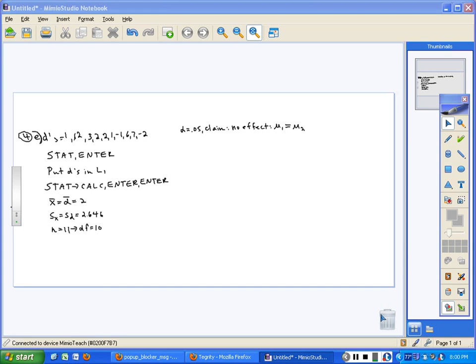No effect means equal to, because the before and after are the same. Okay, so that's going to be my H0. Mu1 is equal to mu2. And H1 will be that mu1 is not equal to mu2.